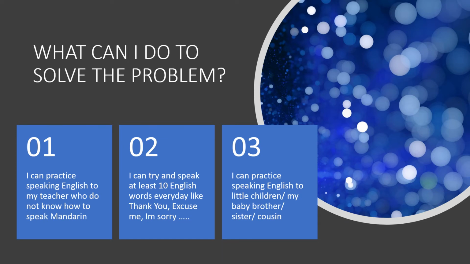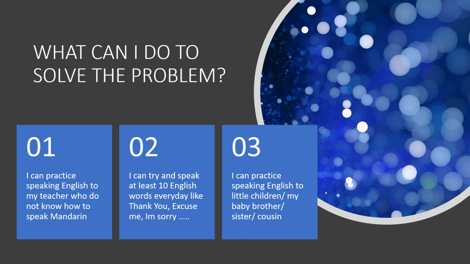This will help my confidence. Number 3, I can practice speaking English to my baby brother and to little children. So why? When I speak to little children, I will be more confident because they won't laugh at me. So I will feel better, and at the same time they will also learn how to speak English.